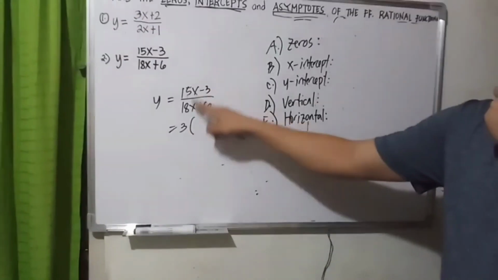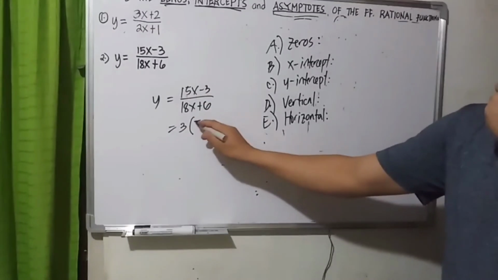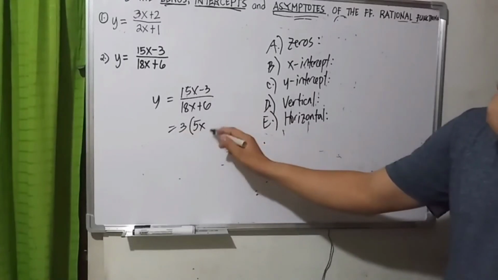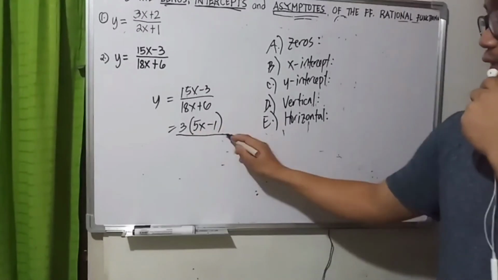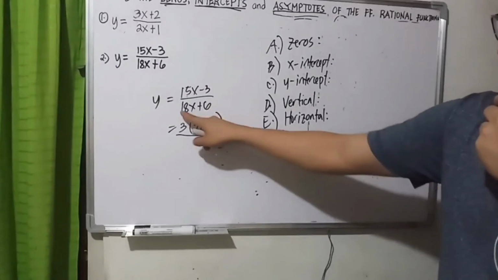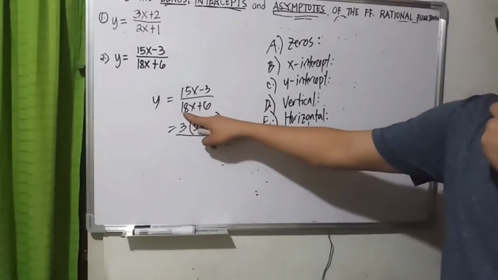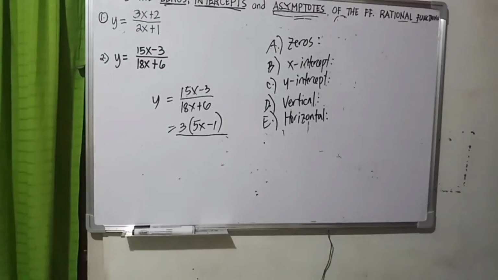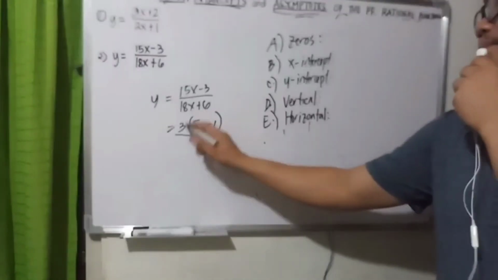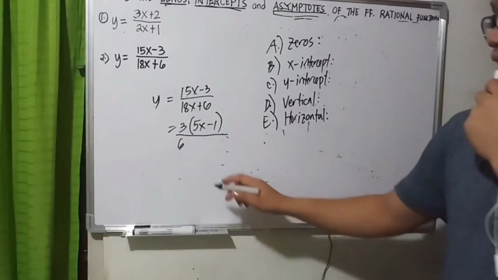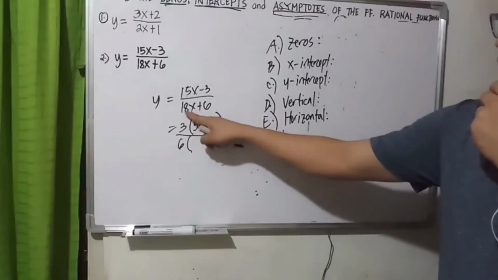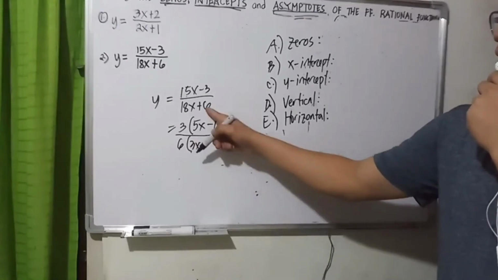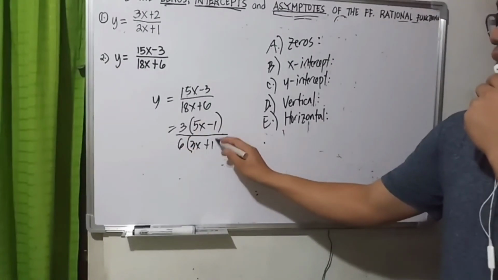So 15x divided by 3 is 5x. Then negative 3 divided by 3 is negative 1. Over, ang 18 is divisible by 6 and 6 is divisible by itself. Palabas natin common, that is 6. So 18x divided by 6 is 3x. Then 6 divided by 6 is positive 1.